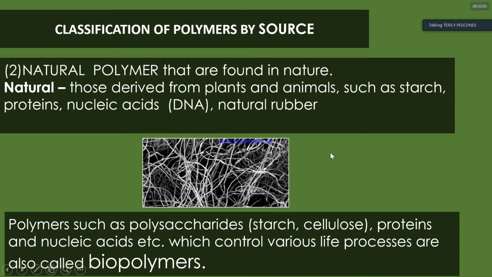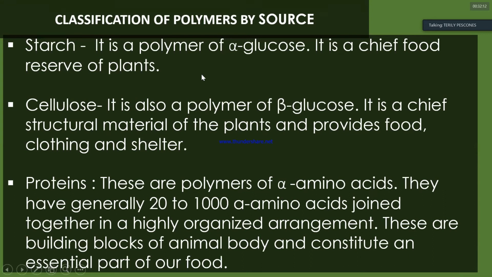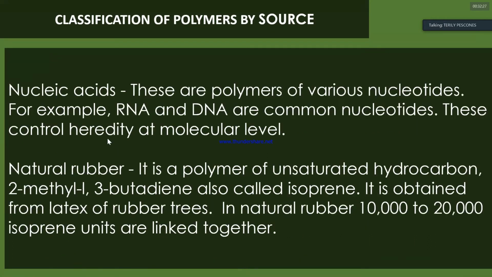Kasi minsan baka naisip natin na pag polymer ay those plastics. No, polymer is referring to what? Large molecules. So, starch is a polymer of alpha glucose. Okay, cellulose also, proteins. Di ba, pag inano natin yung mga structure nila, dugtong-dugtong yan na mga mahaba. So, nucleic acids, natural rubber is a polymer of unsaturated hydrocarbon of 2-methyl-3-butadiene, also called isoprene.